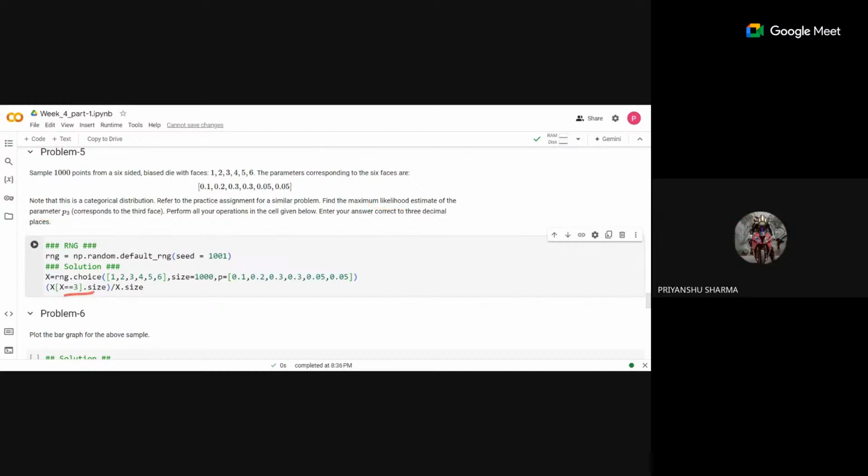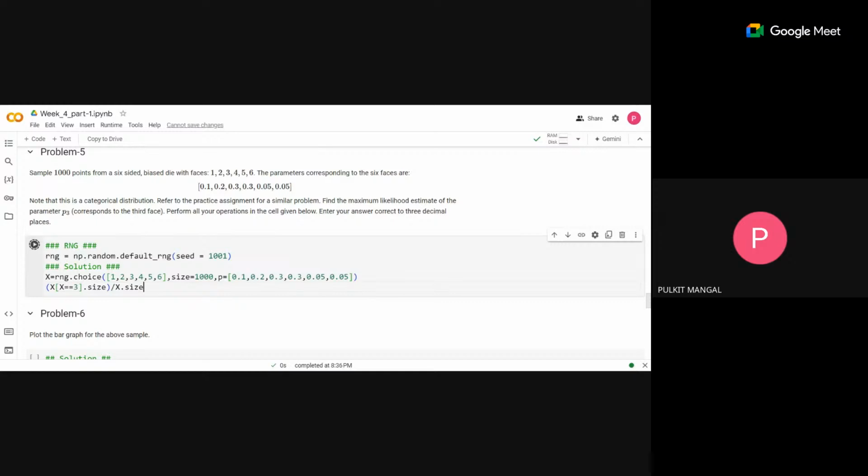A student notes that these probabilities do not sum to 1. Okay, maybe I have made some mistake, so let me fix it so it sums to 1.